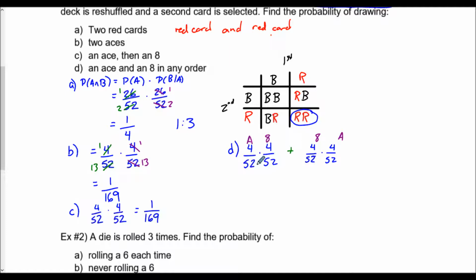Now, since we already know what those will reduce down to be, being 1 out of 169, the probability of having an ace and an 8 drawn in either order will be 2 out of 169 chances. So if you were to shuffle the deck, you'd have an ace and an 8, or an 8, then an ace, occur 2 out of 169 shuffles.